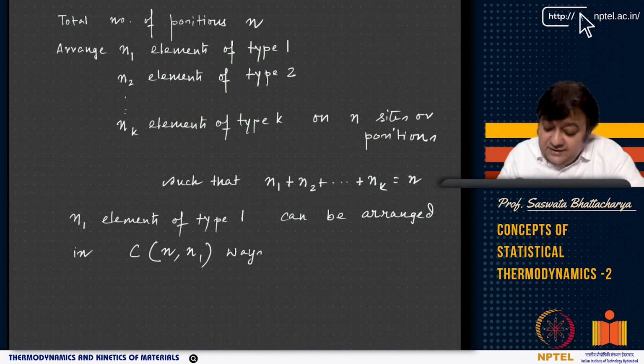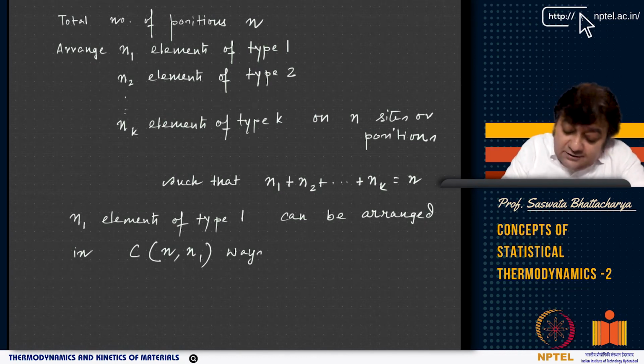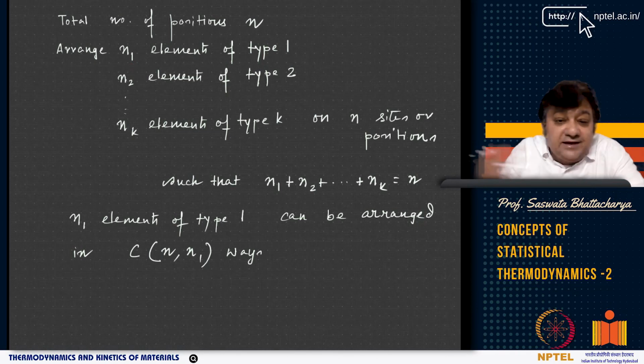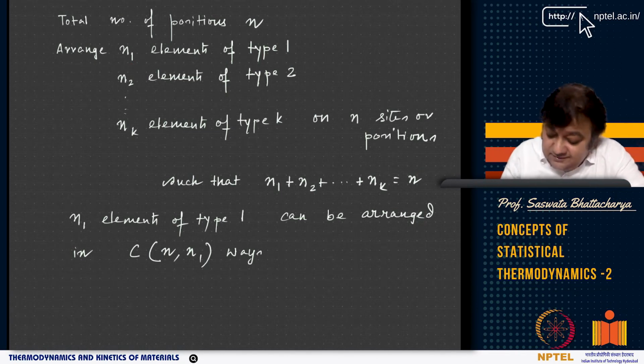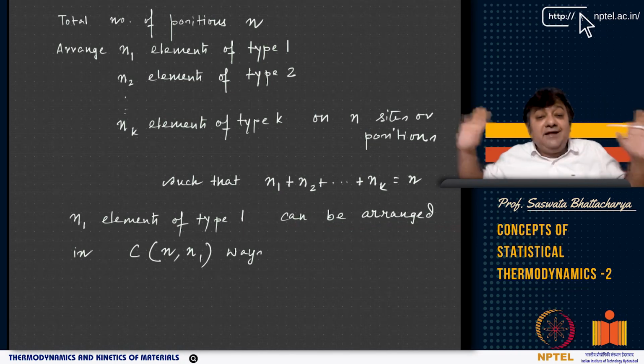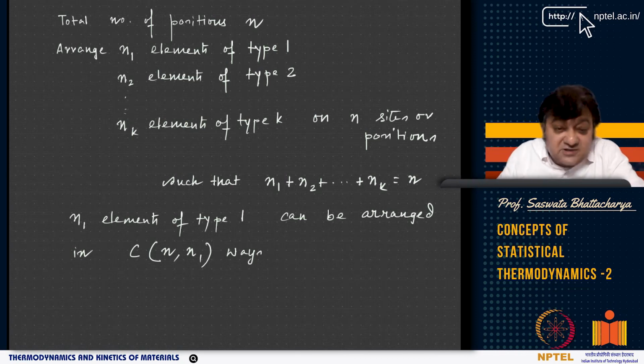Now start with this. We can start with any type, but we start with n1 elements of type 1, and they can be arranged among n sites, where n is much larger than n1. This comes from the combination formula: C(n, n1) ways.